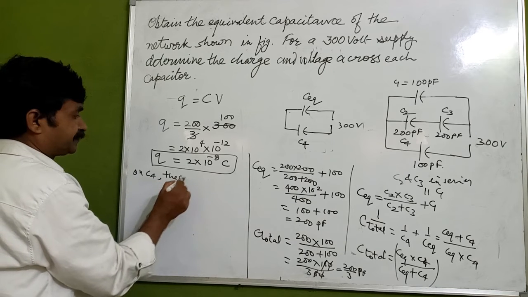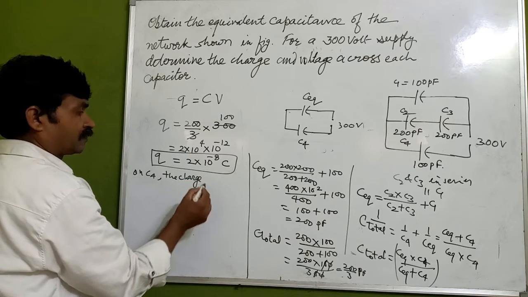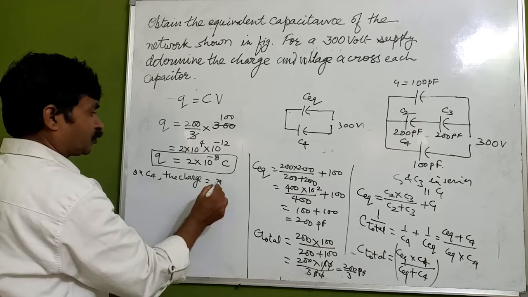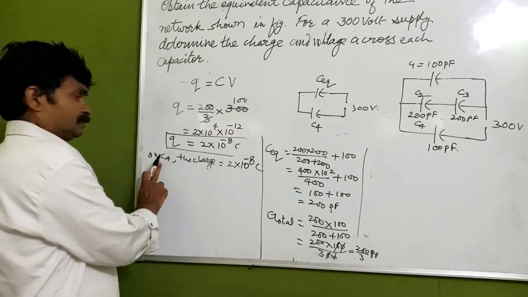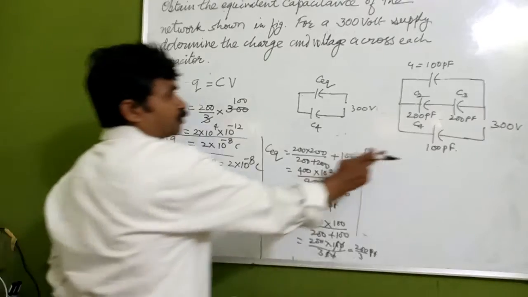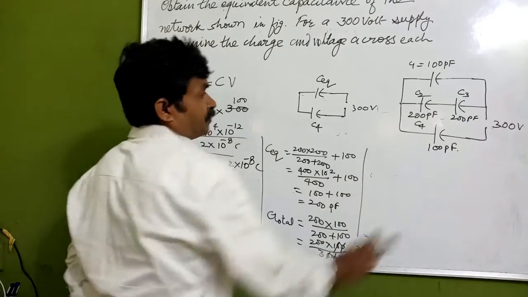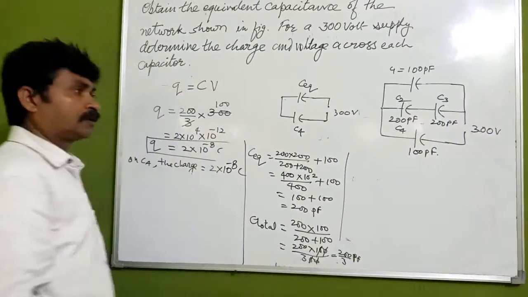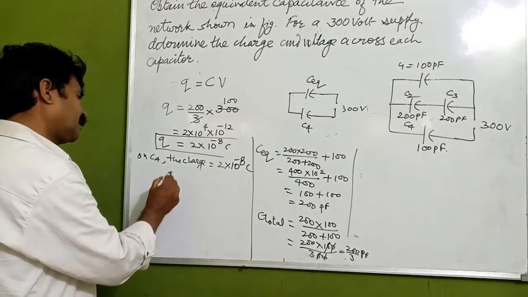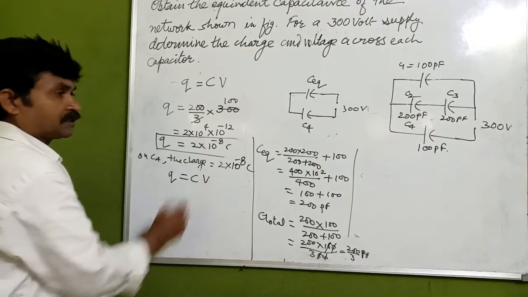Now we have got on C4 the charge 2 into 10 raised to the power minus 8 coulomb. Now if we want to calculate the electric potential over here, it will be given by the Q equals CV relation.